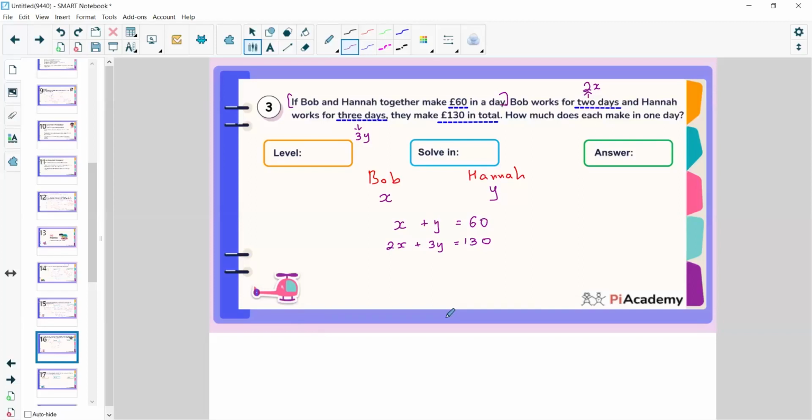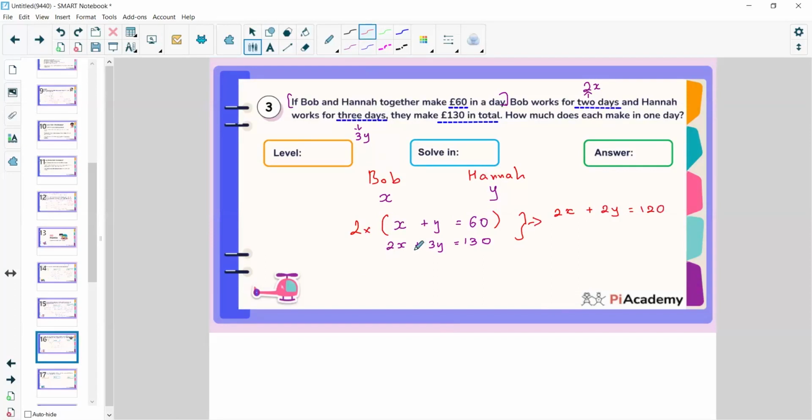Solve this equation, make the coefficient of x same. How can you do so? You can multiply this equation by 2. Okay. So guys who are having difficulty solving can look at the screen, rest can solve on your own. So we will have 2x plus 2y equals 120.